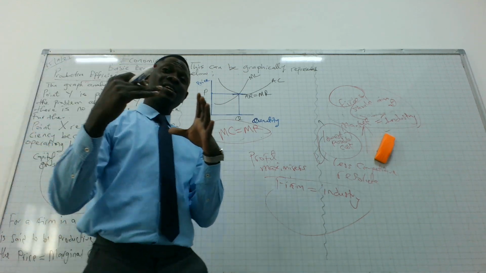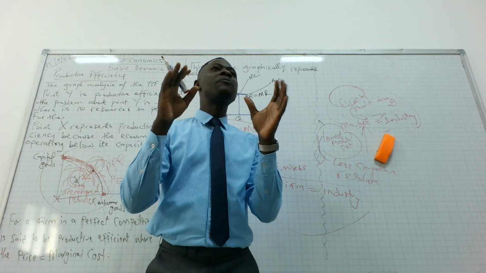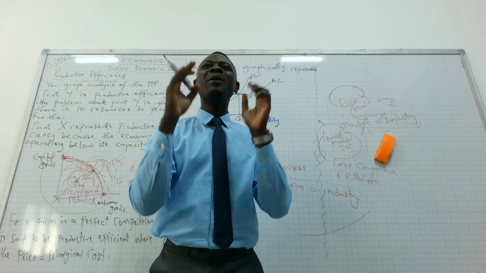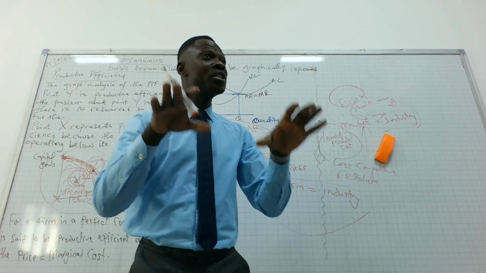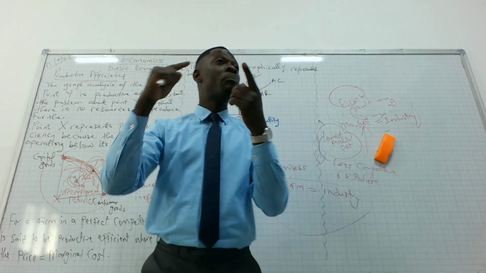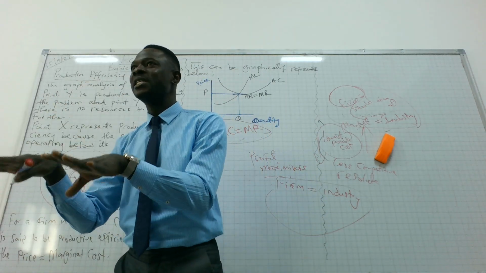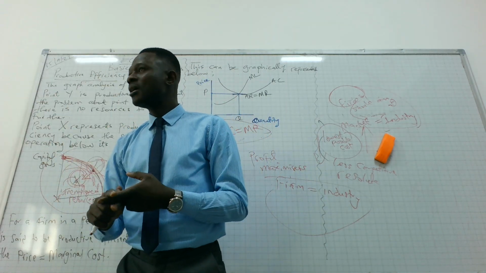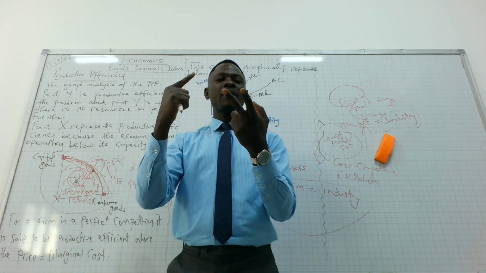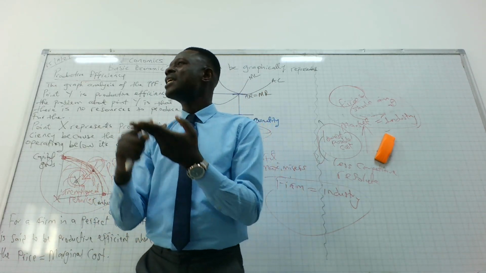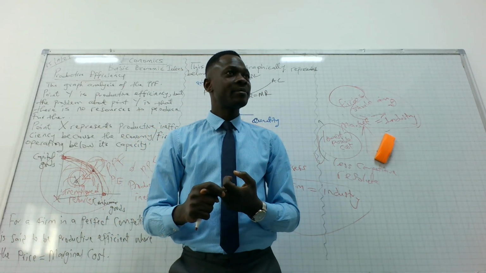That is a profit maximizing firm. Now let's take productive efficiency into a perfect competition. A perfect competition is a market structure where both buyers and sellers have perfect knowledge of happenings within the market. It's a market where you have firms as price takers. Are you with me?